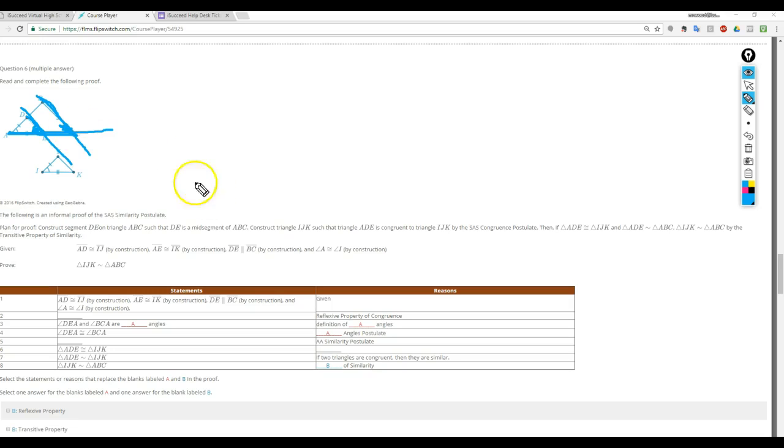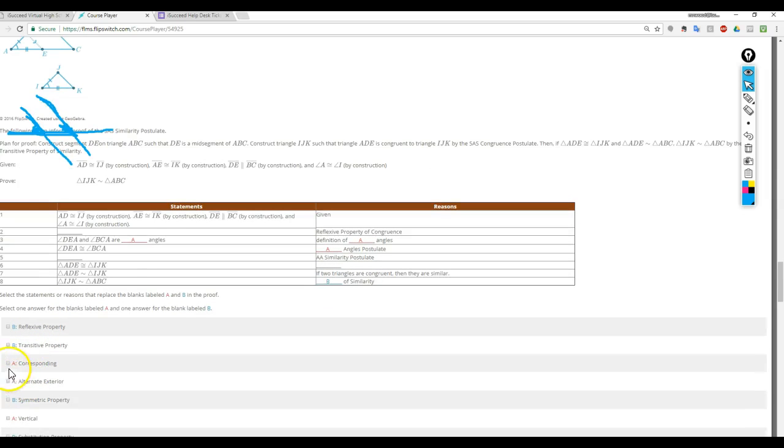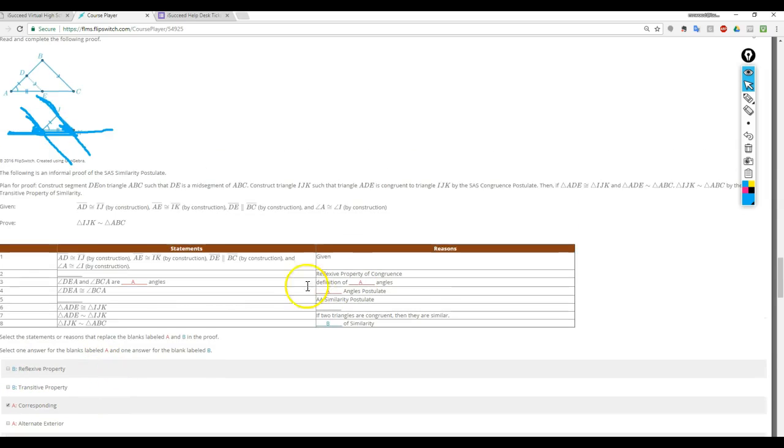They are corresponding angles. Therefore, they're congruent by the corresponding angles postulate. And so we have these two angles.